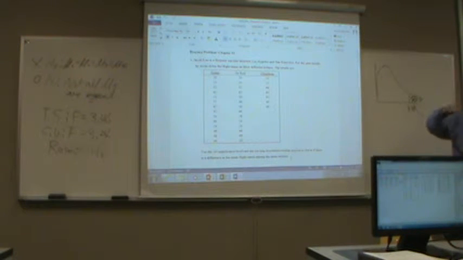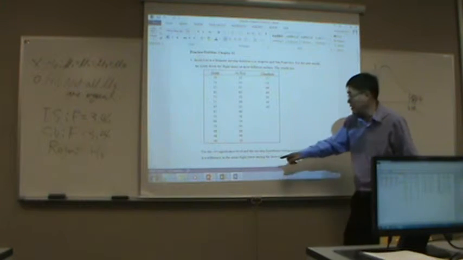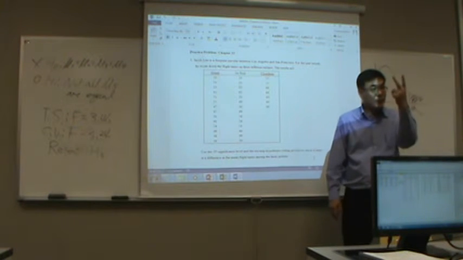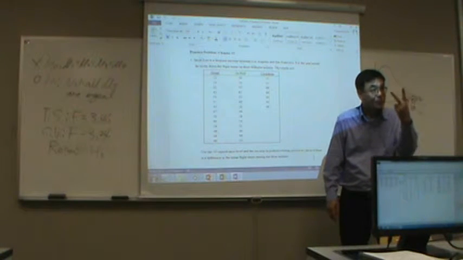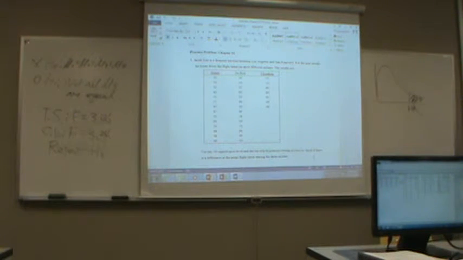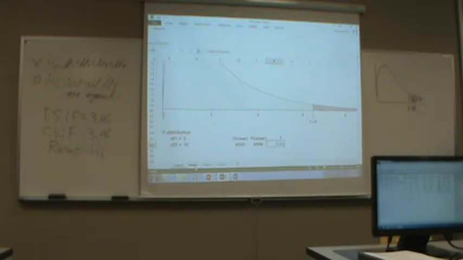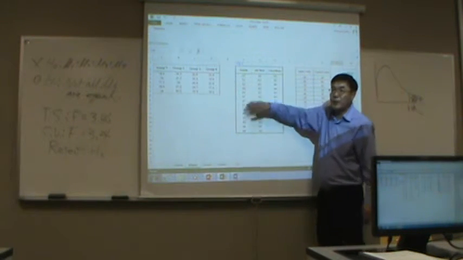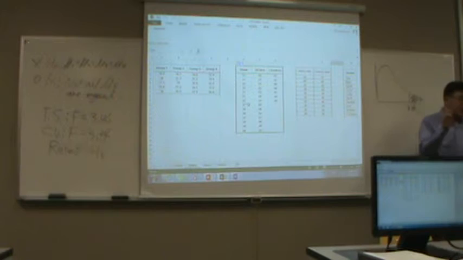The question: is there a difference in the mean flight times among the 3 airlines? There are 3 sample groups, so this is an ANOVA test, right?